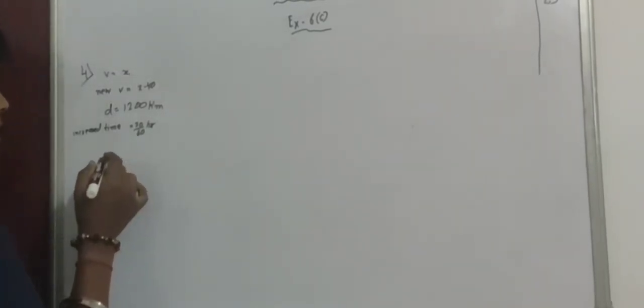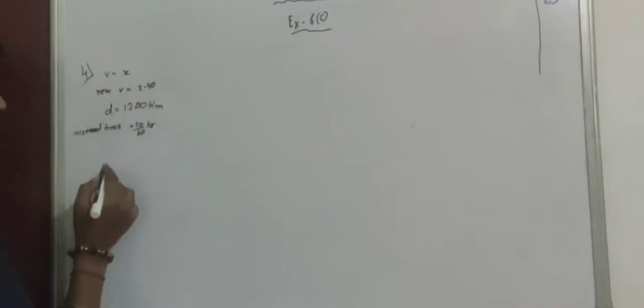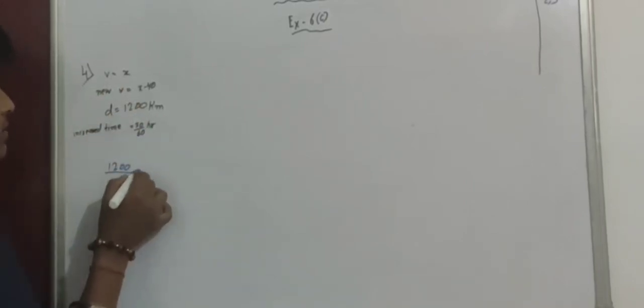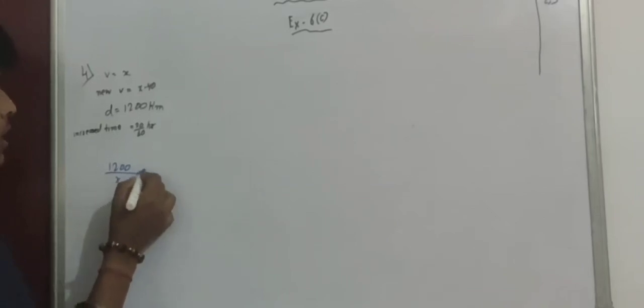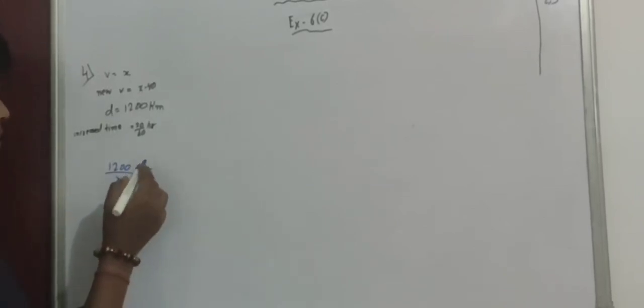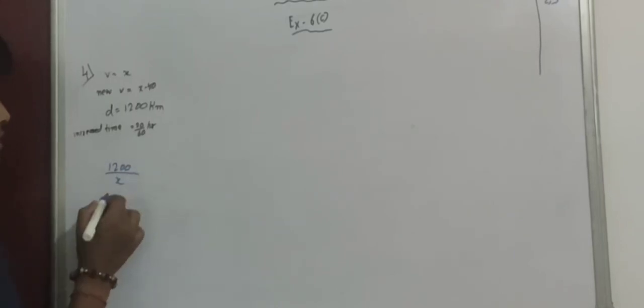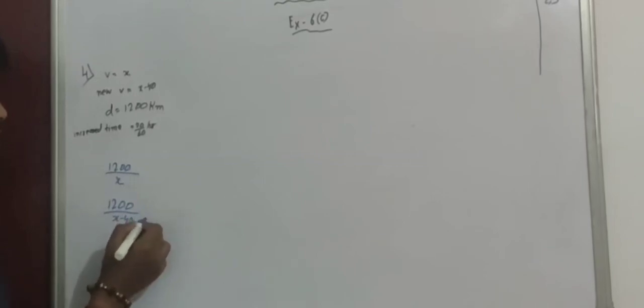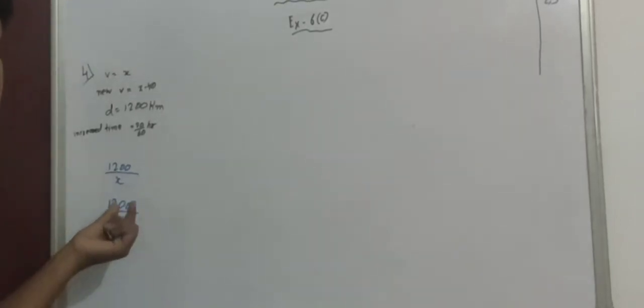So the initial time taken was distance by speed, 1200 by x, but after that the new time taken is with x minus 40, meaning decreased speed. So the time taken will be more than this.